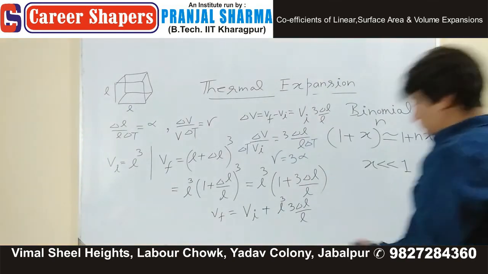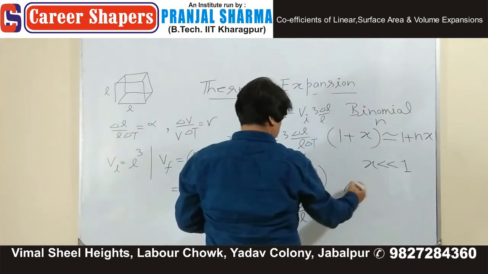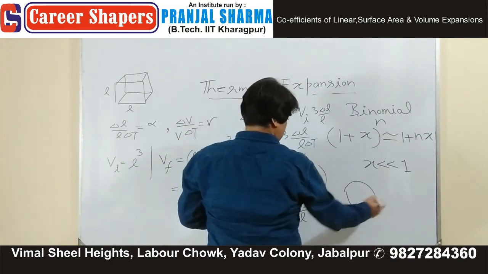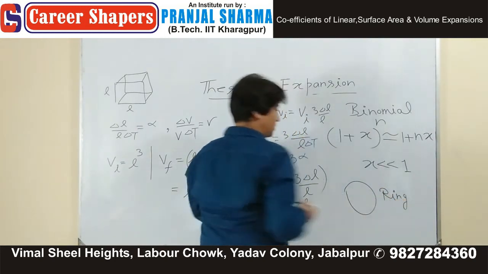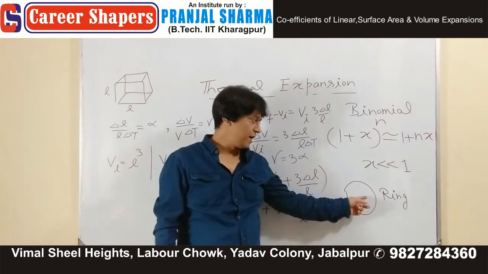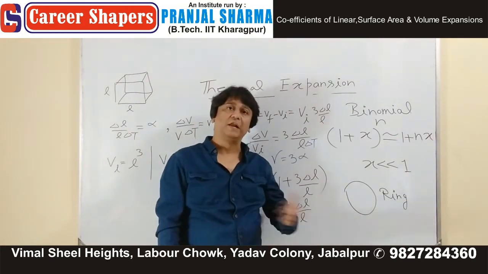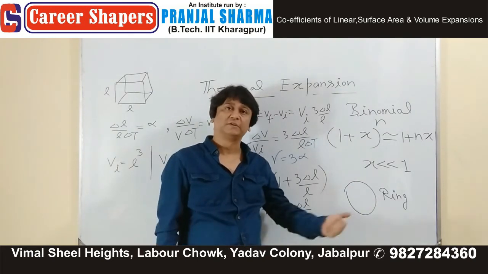Tell me, for a circular ring, what should be the concept for ring? Coefficient of linear expansion or coefficient of surface expansion?